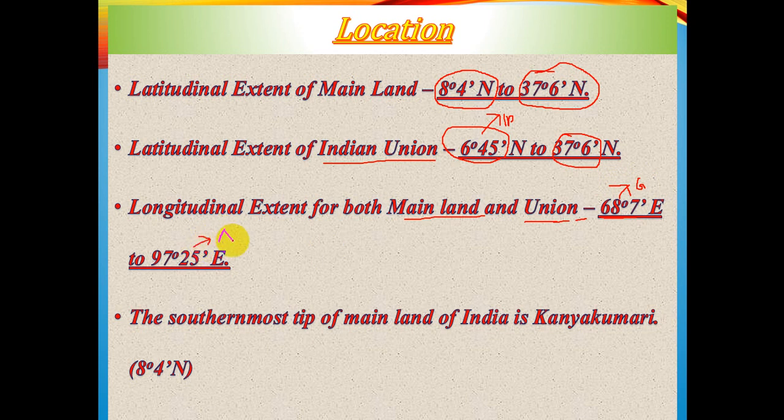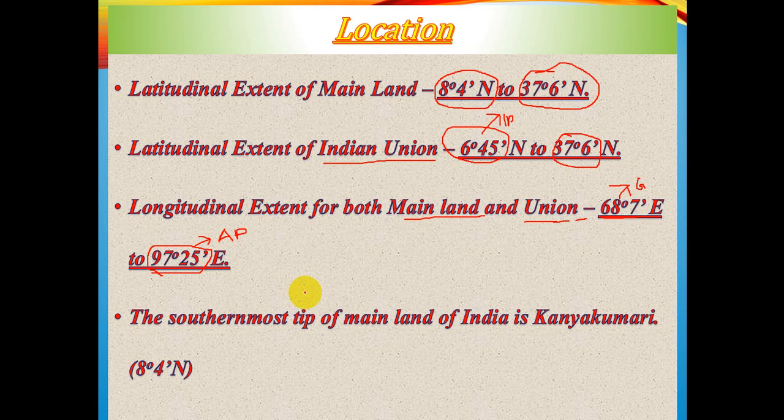Now let me just ask one thing. Hopefully you can answer the question. I said 6 degrees 45 minutes north, and 8 degrees 4 minutes north. It is located in the southern tip of the Indian mainland or Indian Union. So when it is located in the southern part of India, then why is N denoted beside the degrees?